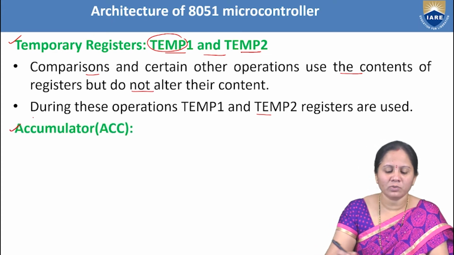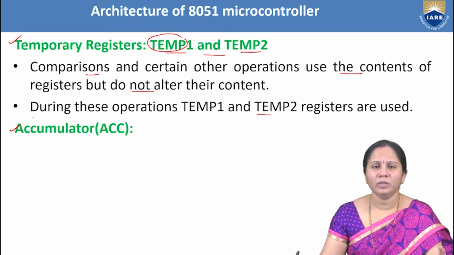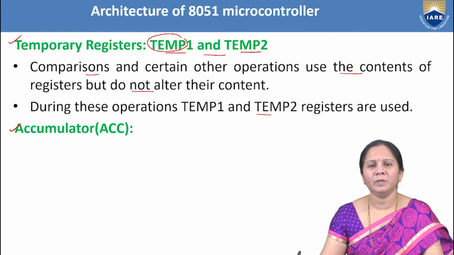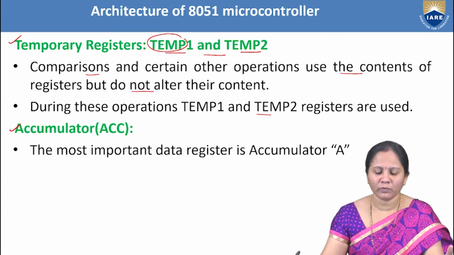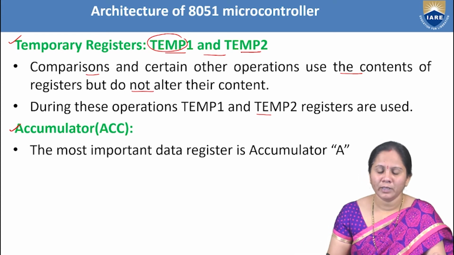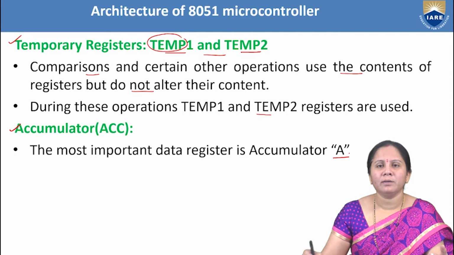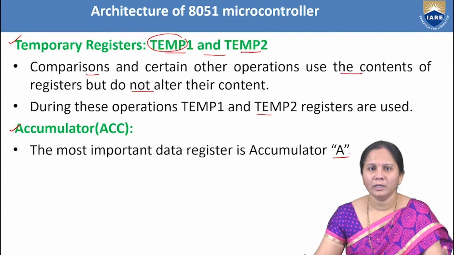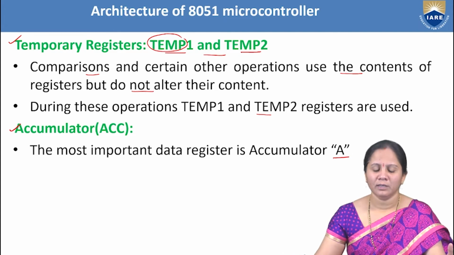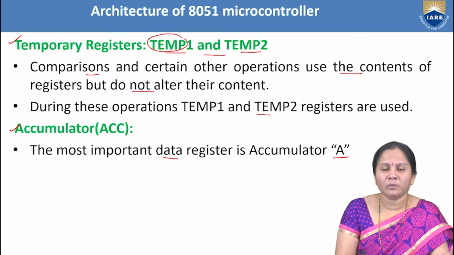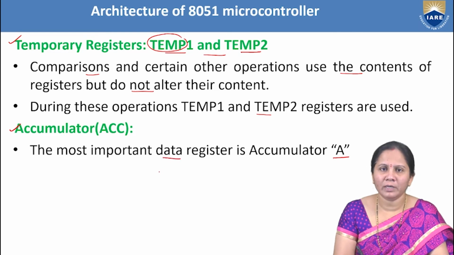Another register is ACC. ACC stands for accumulator, and it can simply be represented as A. This ACC or A is an 8-bit register. Registers A and B are used very frequently.